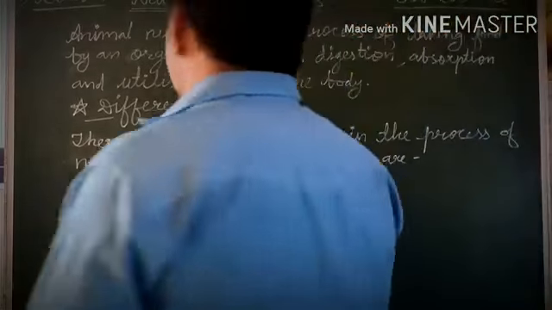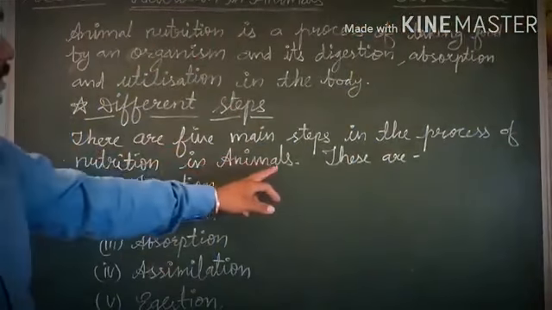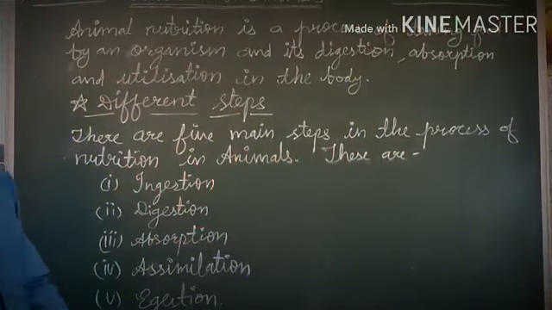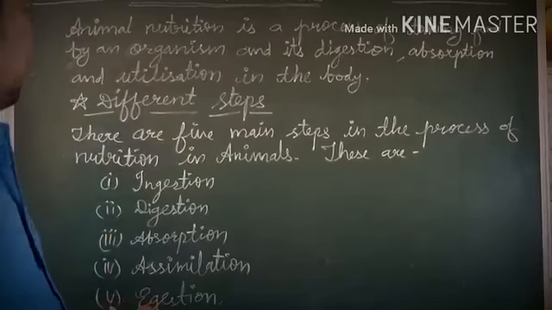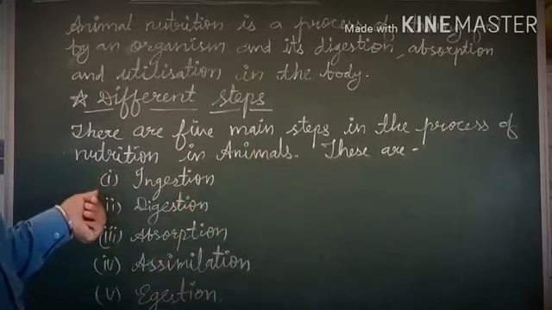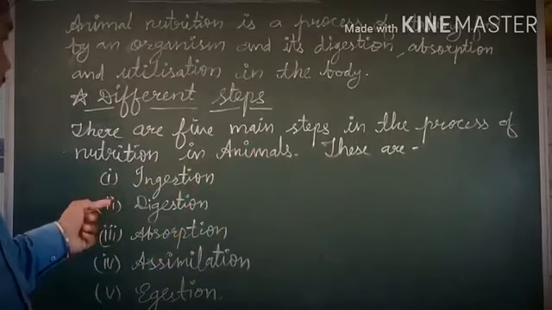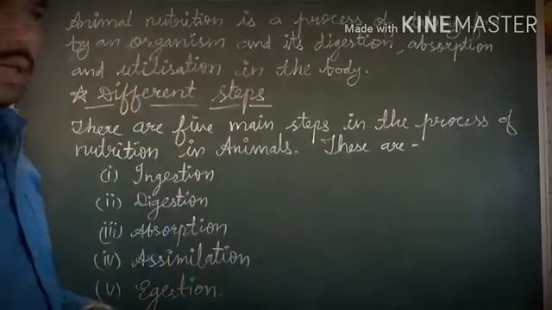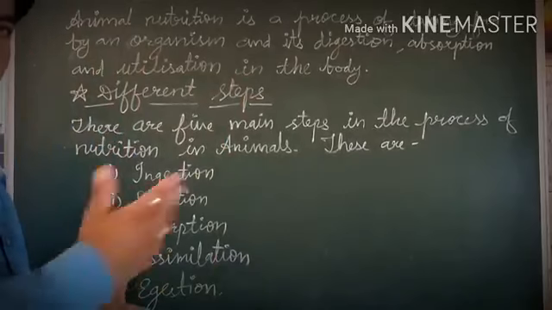So my dear students, there are 5 main steps in the process of nutrition in animals. These are: first is ingestion. Ingestion means taking of food. We will learn these 5 things in detail.